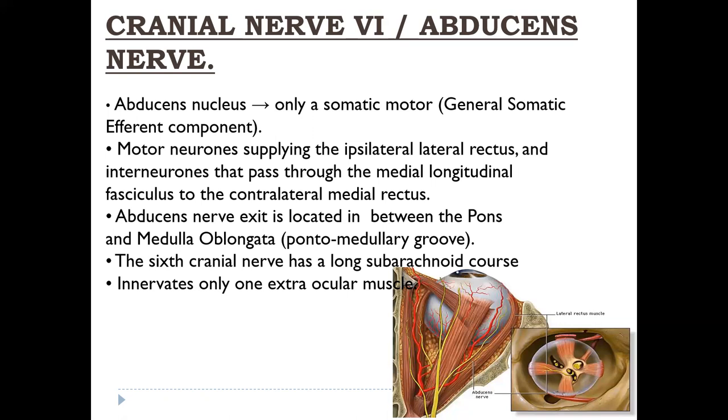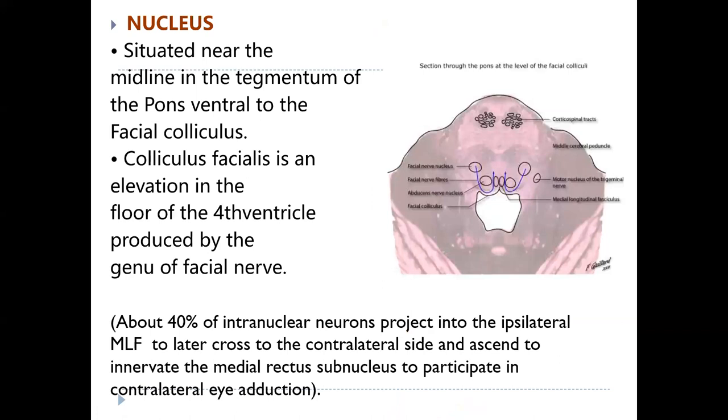But the difference here is that the abducens nerve is not passing on the wall of the cavernous sinus. It is passing along with the internal carotid artery, very closely related to it, normally posterolateral to the artery.